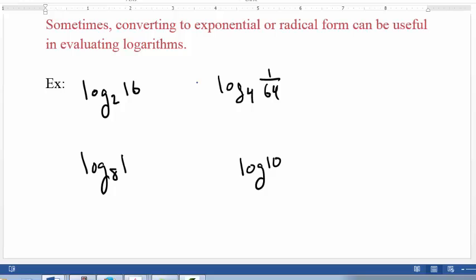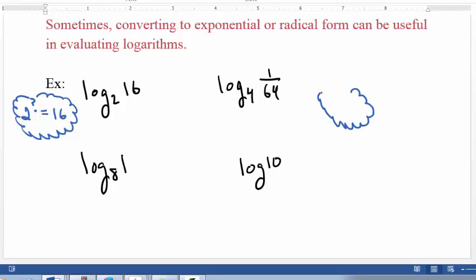So when you're doing these evaluating problems, it's useful to think in terms of exponents, right? So remember my thinking cloud here. When I have log base 2 of 16, what I'm asking myself is, 2 to what power will equal 16? Over here I'm asking myself, 4 to what power will give me 1/64?